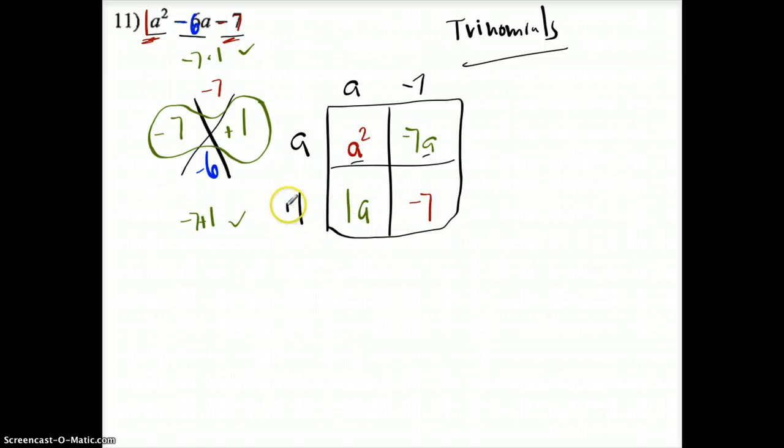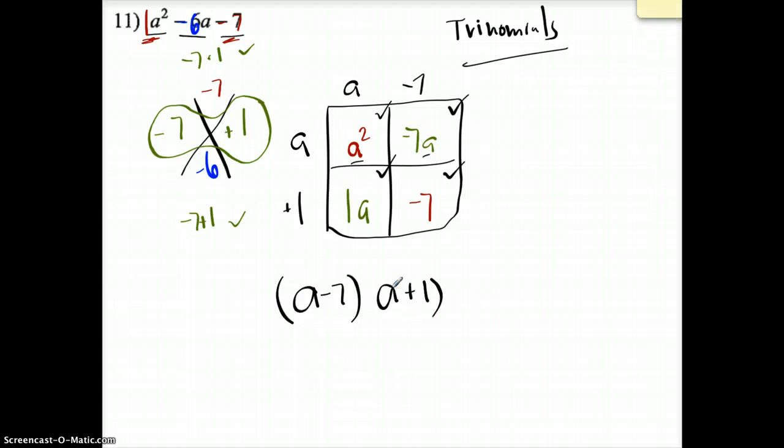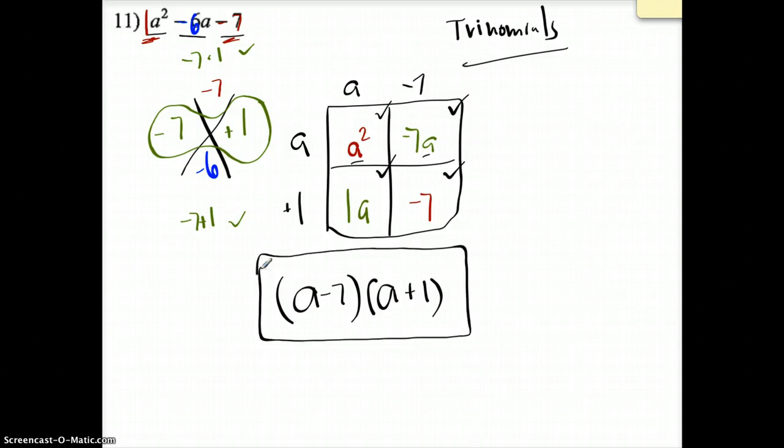We'll check: a times a squared, a times negative 7 is negative 7a, 1 times a is 1a, and 1 times negative 7 is negative 7. So here are our factors: a minus 7 and a plus 1. Easy, right? Awesome.